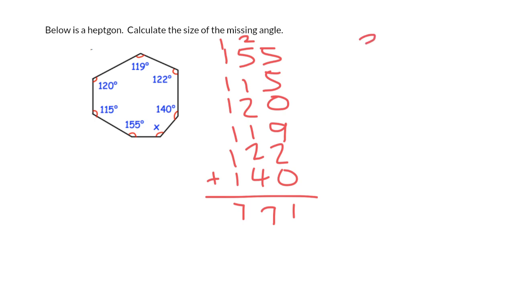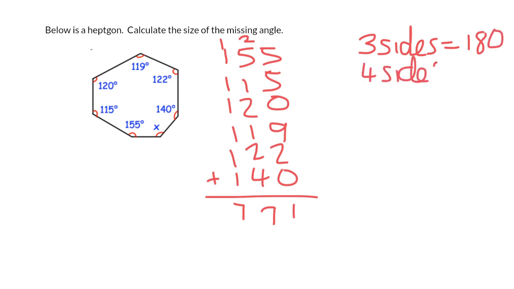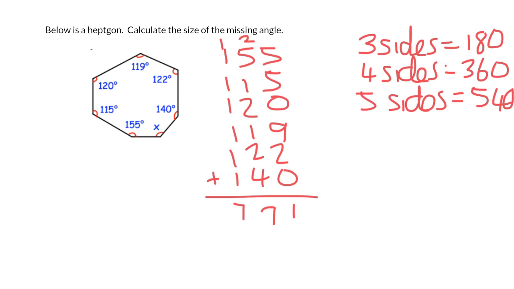Well, I know that 3 sides is 180. I know 4 sides is 360. 5 sides would be 540. And you should now be noticing a pattern that we added on 180 degrees every time we add on a side. So 6 sides is 720.